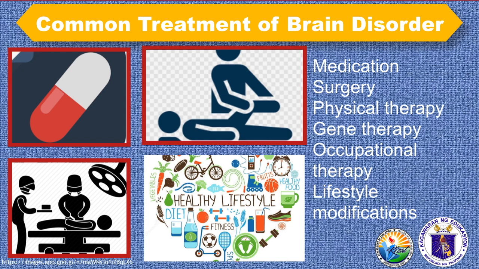Of course, we cannot diagnose ourselves. And the last one could be lifestyle modifications. So in order for you to live healthy, of course, you also have to eat healthy. And you also have to stay away from bad practices.